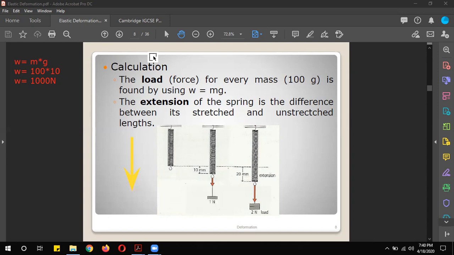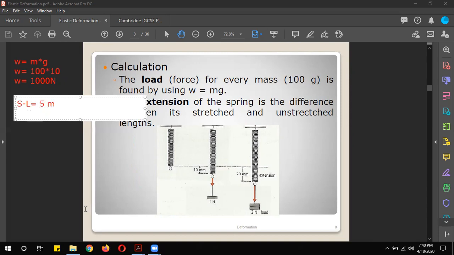Okay, now the extension of the spring is the difference between its stretched length and unstretched length. For example, let's suppose the unstretched length in our reading was 5 meter.